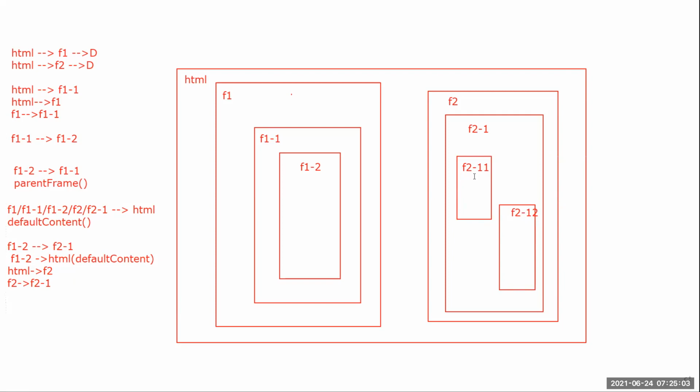Now, if I want to move from F211 to F212, what should I do? Can you repeat the question? Now this F211 and F212 are inside F21. Now I want to move from F211 to F212.